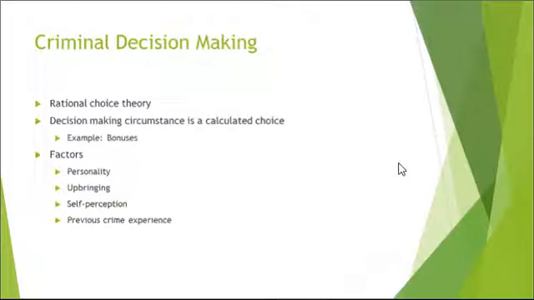Criminal decision making. The decision to commit a crime is generally based on a number of factors, which comes from rational choice theory, where decision making is a calculated choice whereby the offender analyzes the situation and decides to go ahead with committing the fraud.